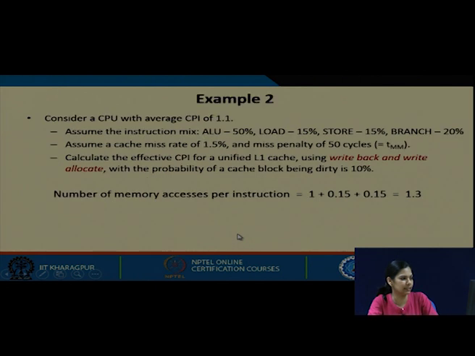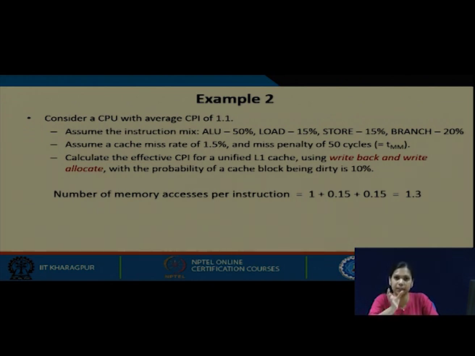So, now let us consider another example where we have similar kinds of values, but now we have to calculate the effective CPI for a unified L1 cache using write back and write allocate. That means we will not always be writing it through to the main memory; rather we will be writing it into the cache memory with write allocate.